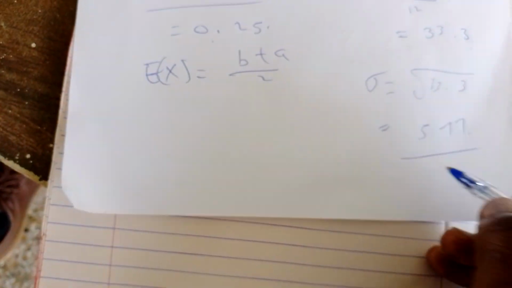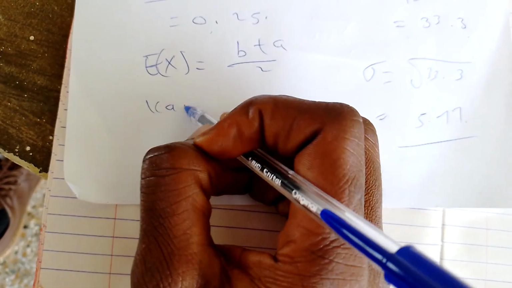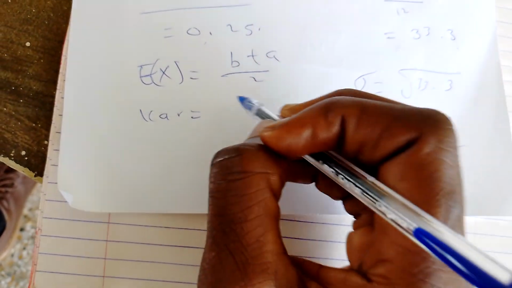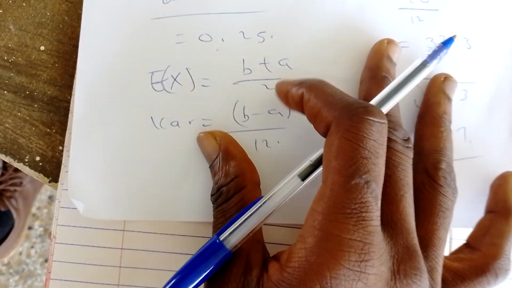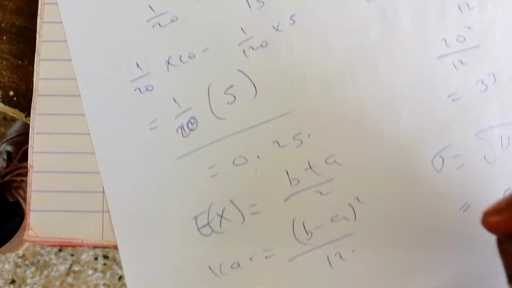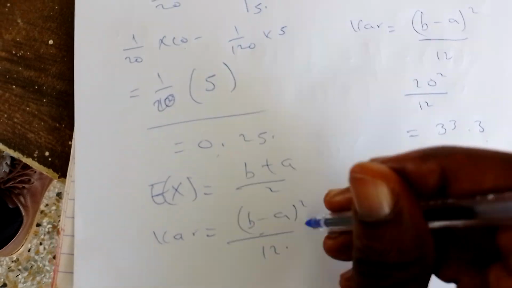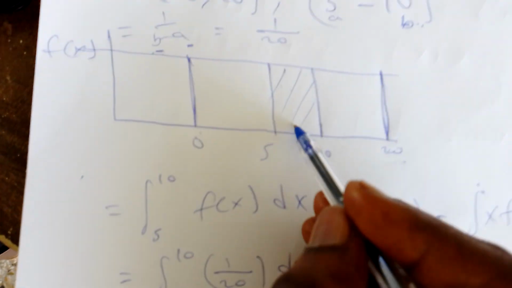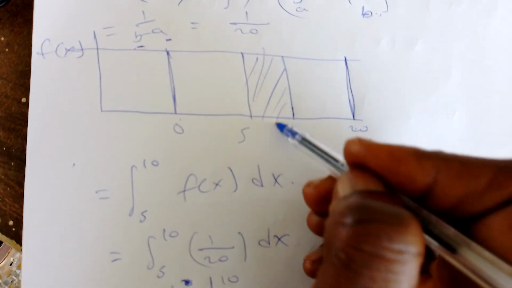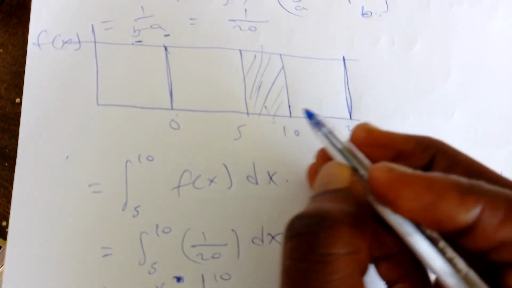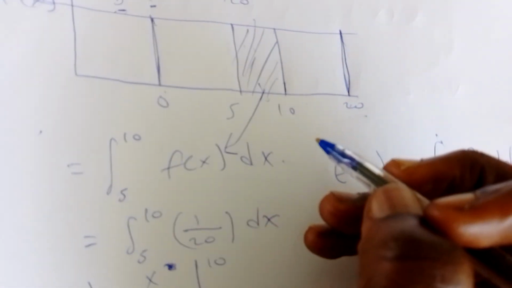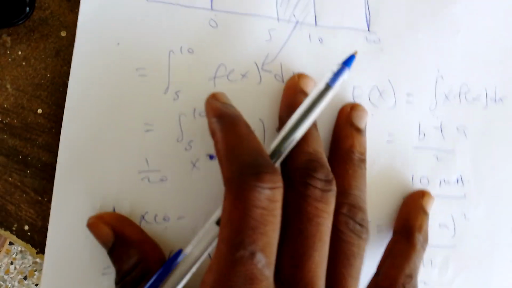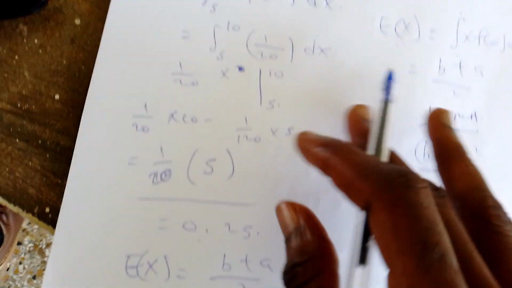If you are asked to find your variance, you can just do b minus a squared on 12. But you have to take note that this b and a are the extremes. If they give you something like this and ask you to find the probability, they are asking for the probability density function. Once you are asked for these things, you can go through this method.